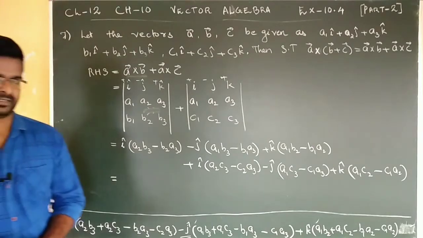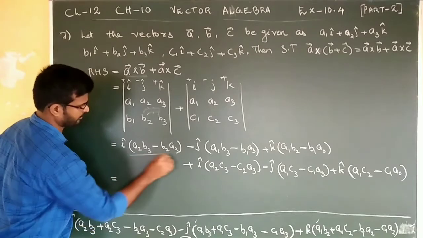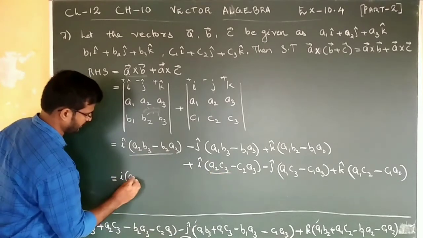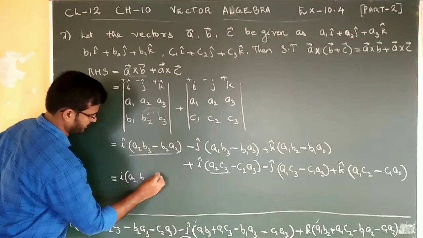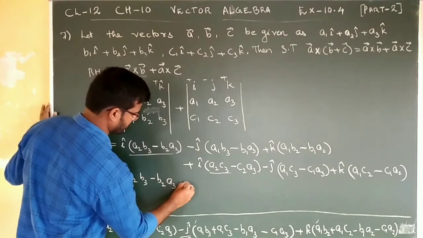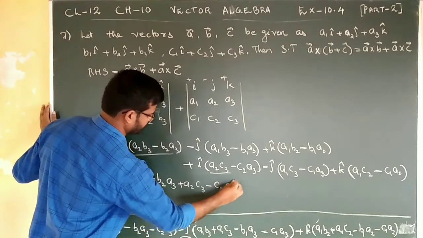Now we can write the items together, that is the first and this part. I commonly A2 B3 minus B2 A3. This part is plus A2 C3 minus C2 A3.